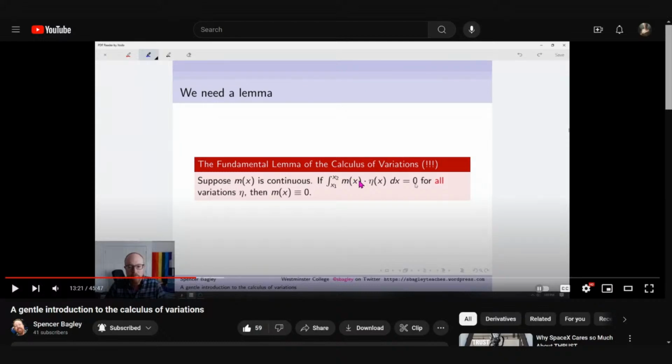So if eta has over and under, over and under, and it's multiplied by this, let's say this is just y equals 1. And this is cosine. So it's just cosine. So the area under cosine is 0. That means m of x is 0. No, it's 1.